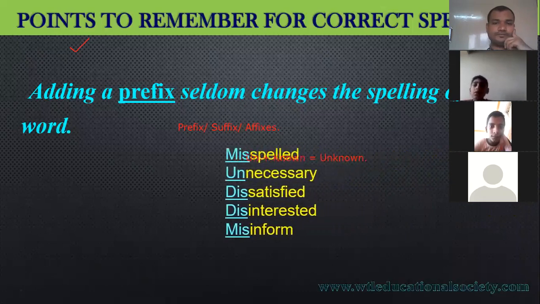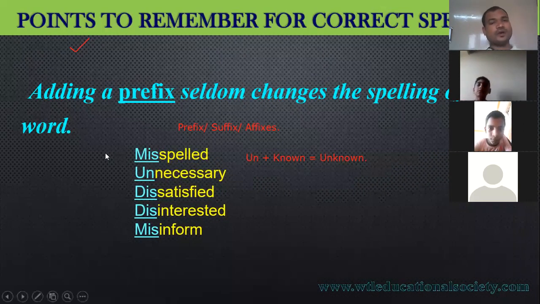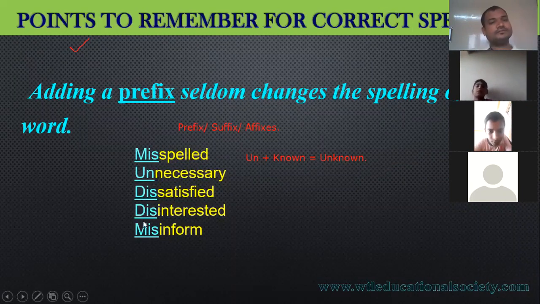So here you can see the examples, right? Whatever letters are in blue color, these are all prefixes.